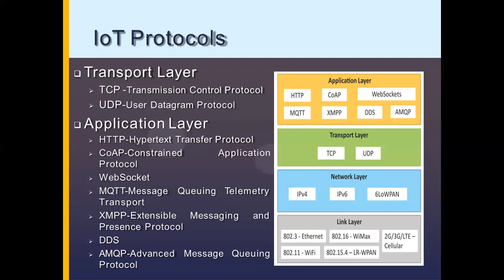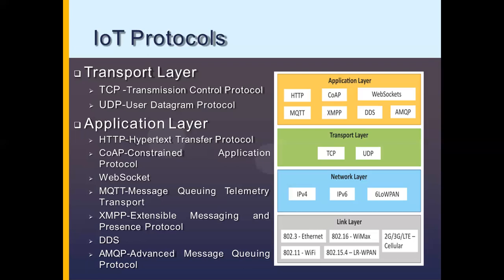WebSocket, MQTT is Message Queuing Telemetry Transport. Another one is XMPP, Extensible Messaging and Presence Protocol, DDS, and AMQP, that is Advanced Message Queuing Protocol. These are different protocols that are used to transfer the data in the application layer.